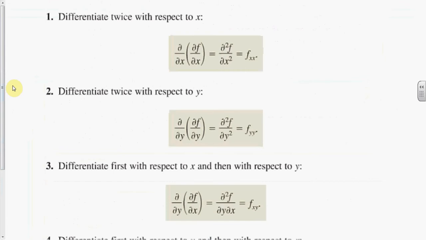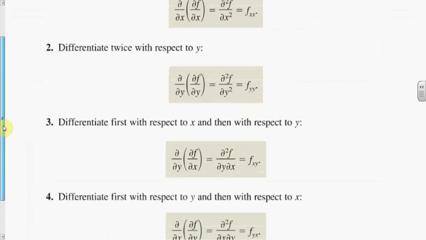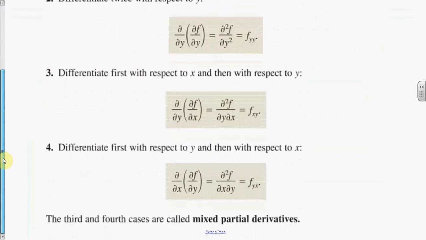Now, the interesting thing, let's go down to number 4, is that the mixed second partial derivatives are the same. So numbers 3 and 4, here we have symmetry with respect to the second partial derivatives. And we have a problem or two that illustrates that.